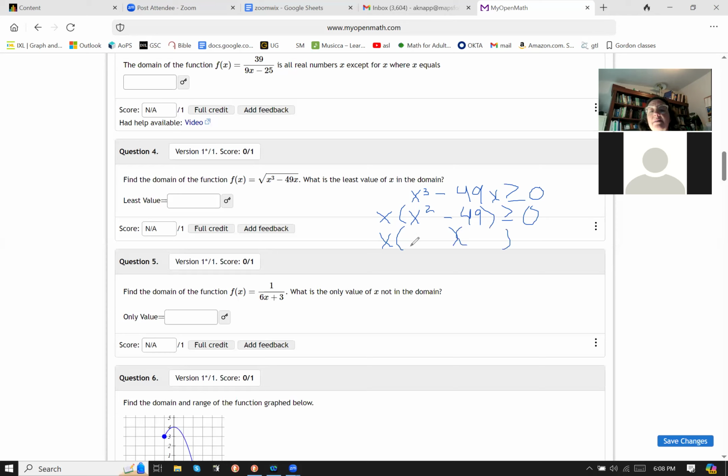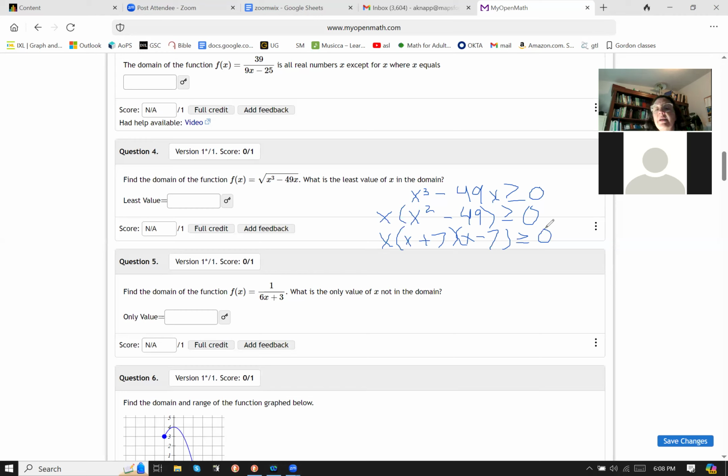So we'll put x times x is x squared, and then the square root of 49 is 7. So we'll do x plus 7 times x minus 7 to get that to come out as a negative 49, or minus 49. It's greater than or equal to 0.